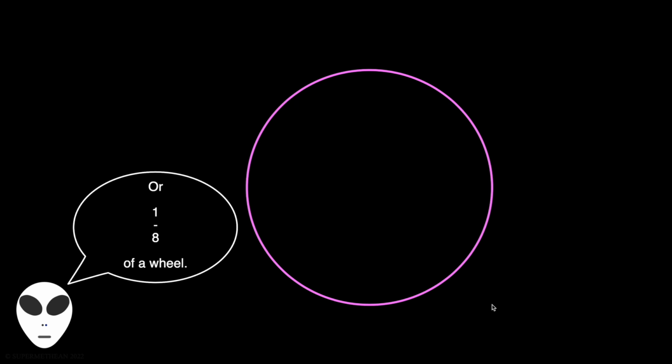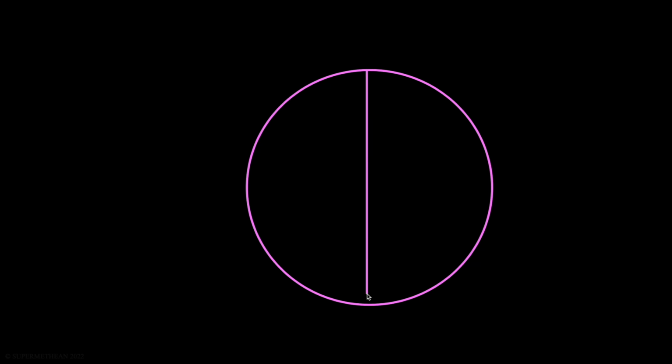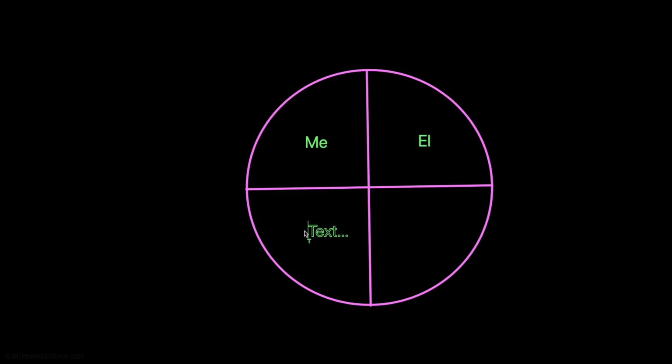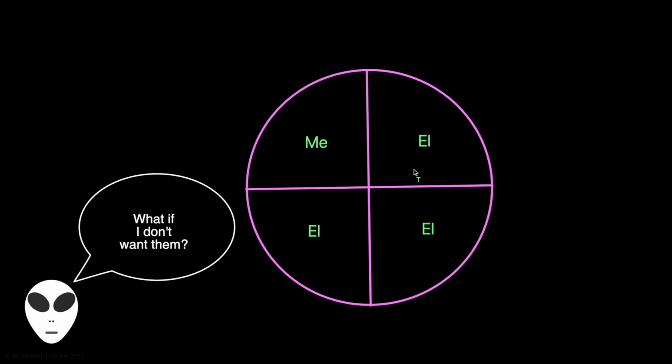Now, let's take another cake and I think this time let's divide it up into 4 pieces. Okay, so I'm going to give myself one piece, and I'm going to give my alien buddy, who I've nicknamed L, the other 3 pieces.